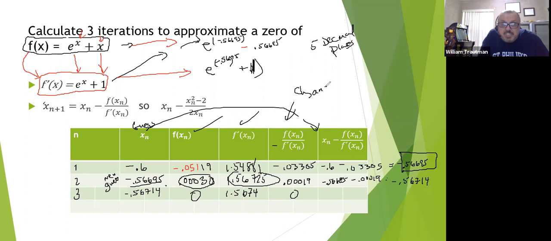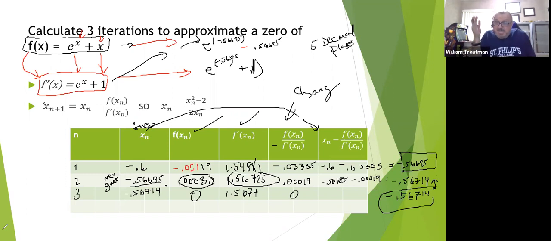We're not changing anything. So if we have the original and we don't change anything, we're right back where we began, 0.56714. Do you see? Once you get 2 iterations with the last number the same, you don't have to do any more iterations because you're always going to get the same number. You're done. You found the approximation as close as you can here to 5 decimal places.